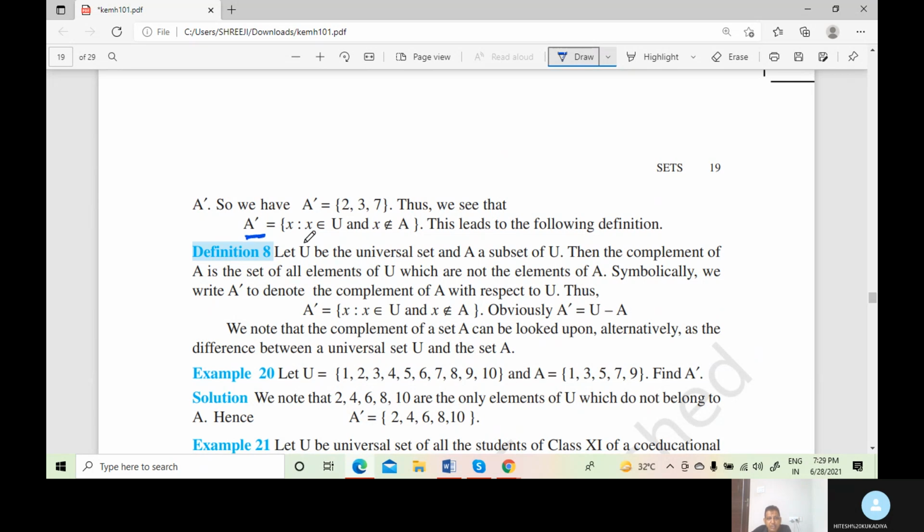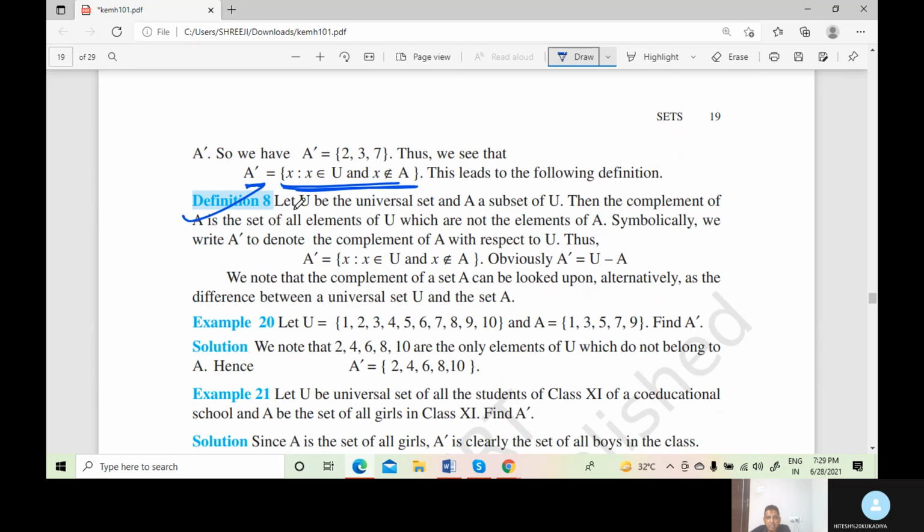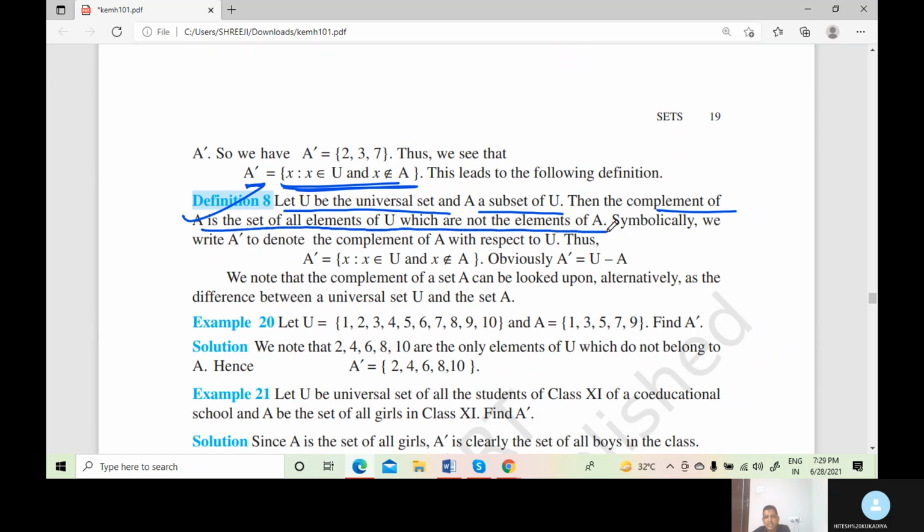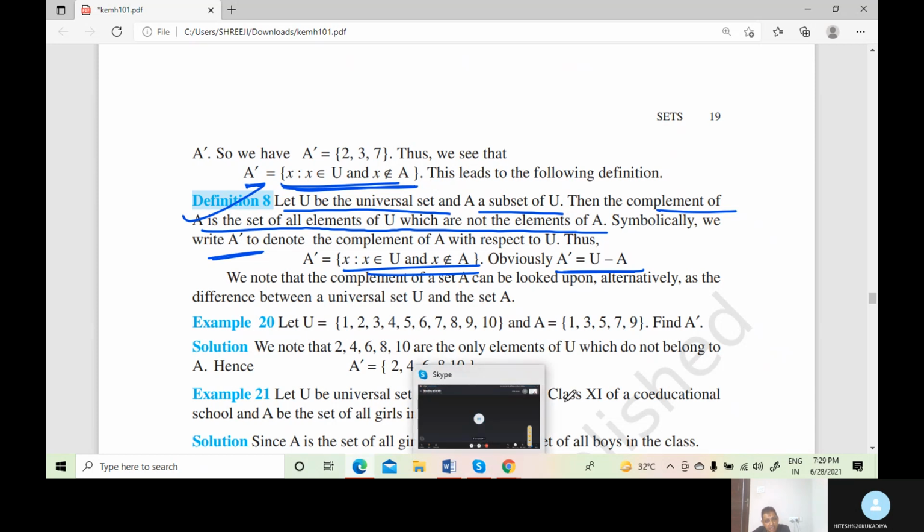A dash definition: set of x such that x belongs to U and x does not belong to A. Definition: let U be the universal set and A be a subset of U. Then the complement of A is the set of all elements of U which are not elements of set A. And the symbol is A dash. Otherwise, you can write this method also: A dash equal to U minus A. Is that clear? U minus A.